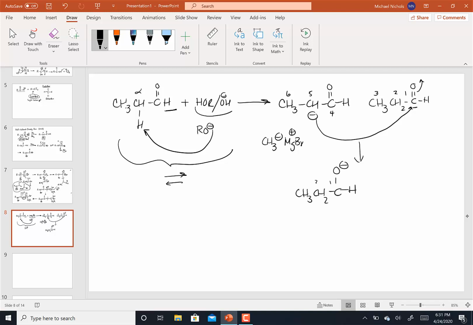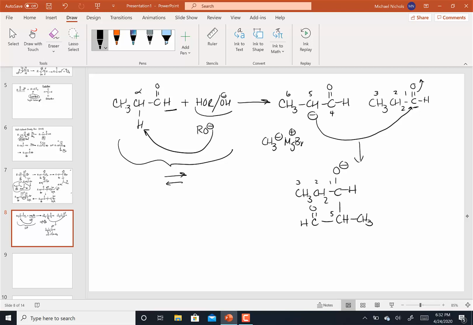Carbon 1, carbon 2, carbon 3. And the CH group, which was carbon 5, reacted with that carbonyl, carbon 1. And then down here I'm going to have a CH3 attached, and on the other side I'm going to have an aldehyde attached.